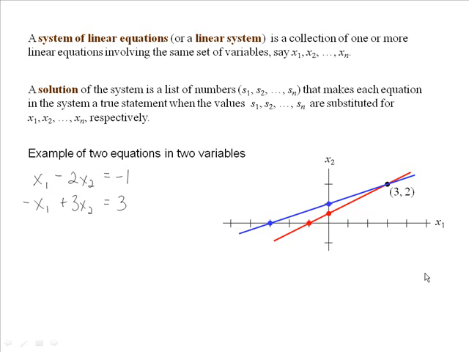When we graph two lines, the solution is the point of intersection. So in this case there is one solution, and it is the point (3, 2). That's the intersection point. There could be other possibilities.